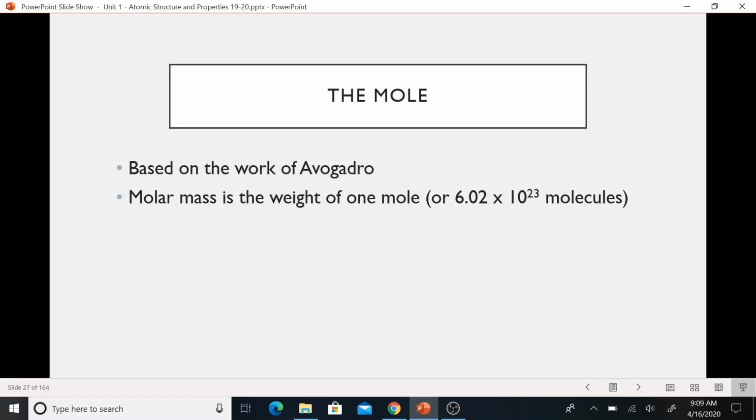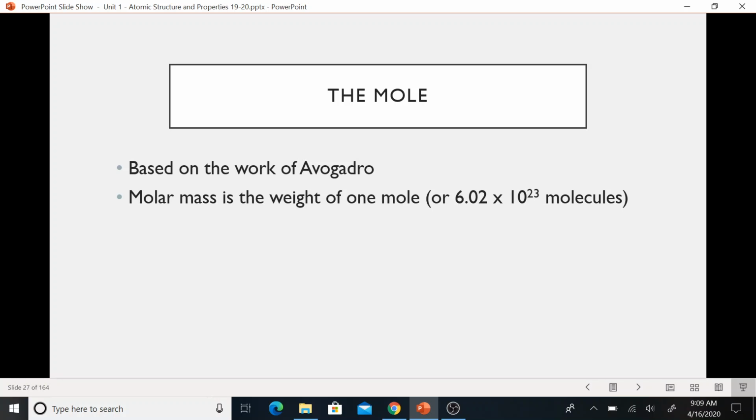And I like to think of the mole like some other forms of measurement and measuring quantities. The one that is most common is like a dozen. Because when I say a dozen, everybody automatically knows that I'm talking about 12 of whatever object I'm referring to.